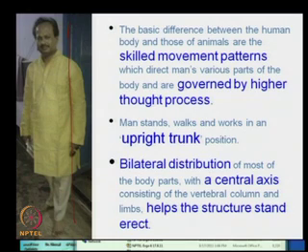and bilateral distribution from a center axis, the bilateral distribution of most of the body parts with a central axis consisting of the vertebral column and limbs helps the structure stand erect.